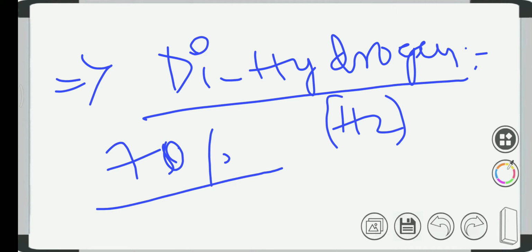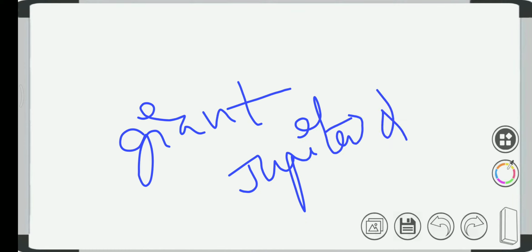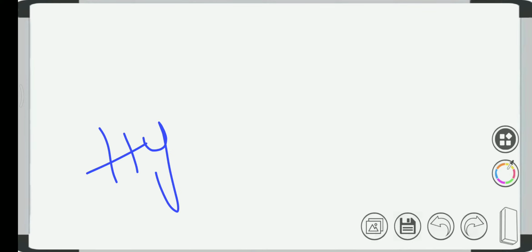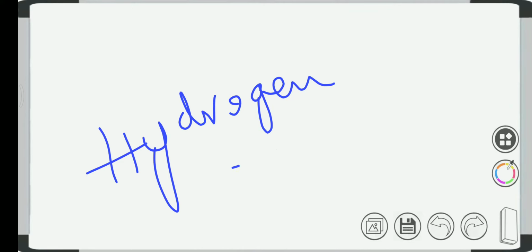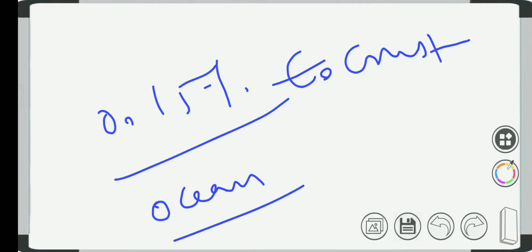All the giant planets, Jupiter and Saturn, consist mostly of hydrogen. Due to its light nature, it is much less abundant in the earth's crust, about 0.15%. It also exists in the ocean. This is dihydrogen.